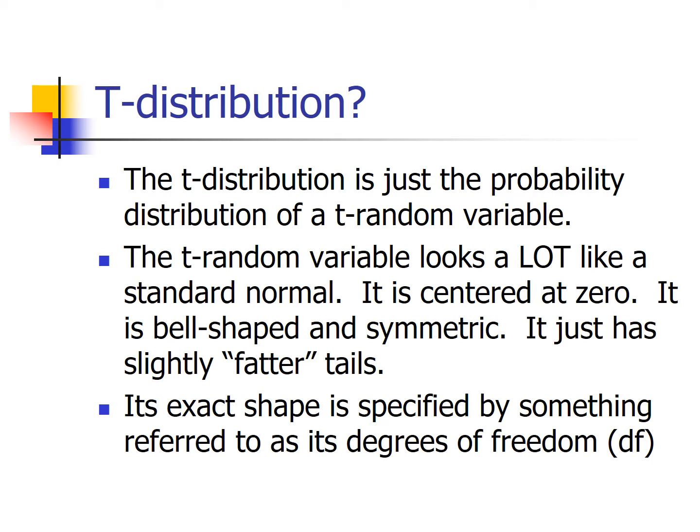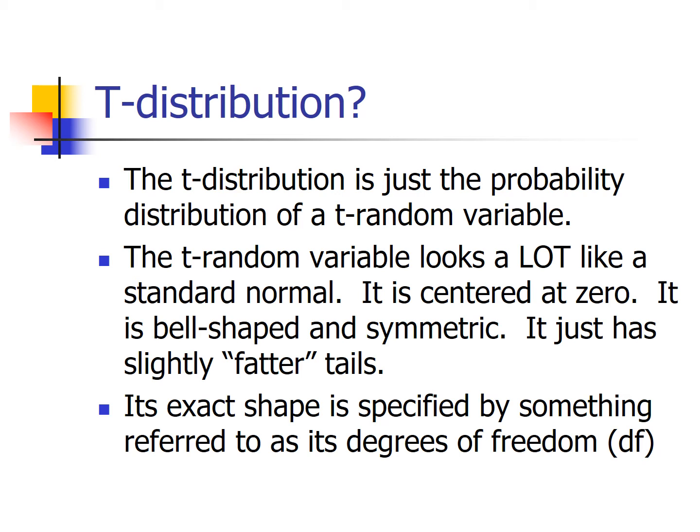Now, just like a z-distribution, t-distributions can be a little bit fatter or a little bit skinnier. The mean is always 0, but it has a different standard deviation. The name of the factor that controls that standard deviation is its degrees of freedom. It's a technical name, and the reasons behind the naming are a little abstruse. But for us, just think of it as a number that's controlling the overall standard deviation of that t-distribution.